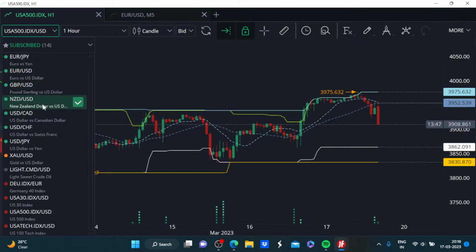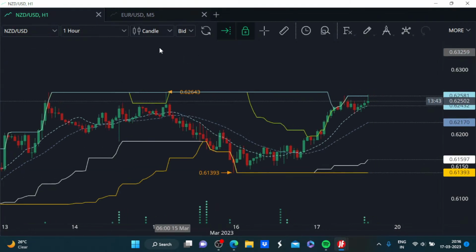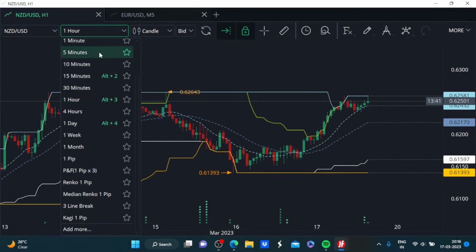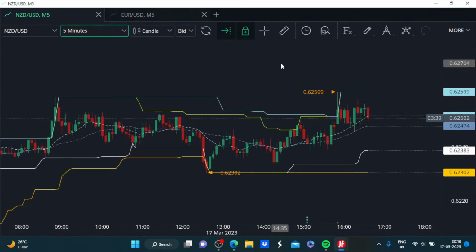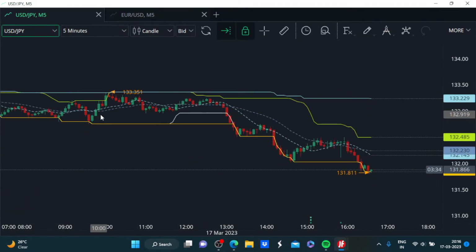And before we wrap up, let us take a look at the currency segment, where we have NZD USD and the JPY leading the charge against the US dollar.